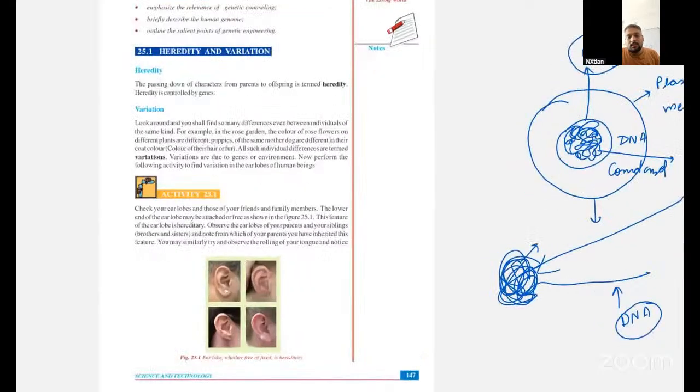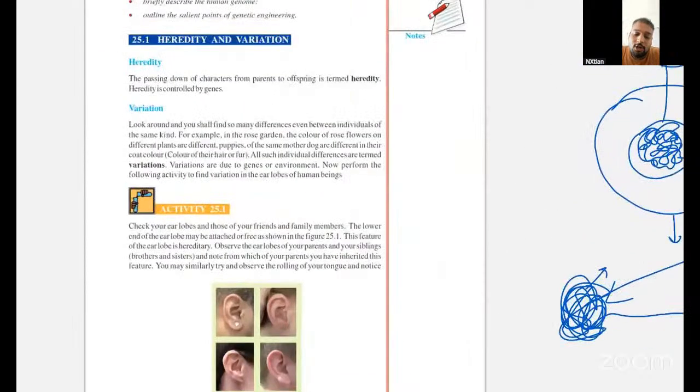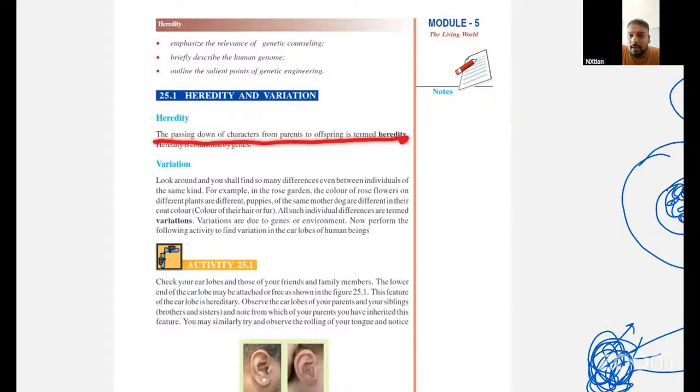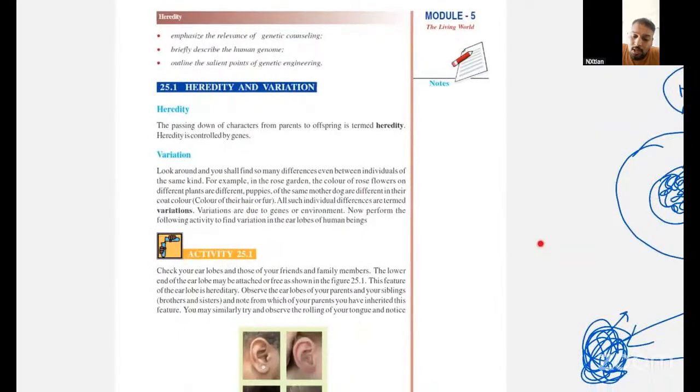Now, heredity. What do you mean by heredity? Heredity is the passing down of characters from parents to the offspring. As I told you, some characters look like they are from the mother, and some characters look like they are from the father. Now, variation.